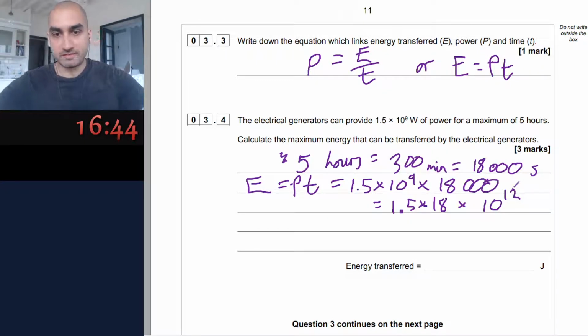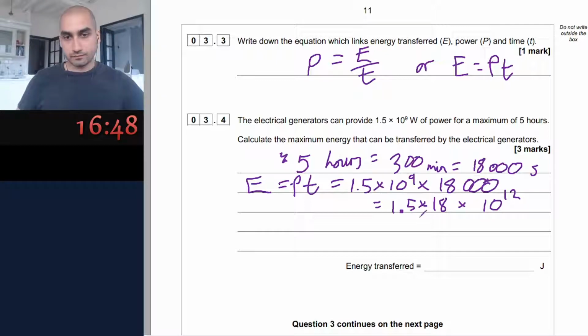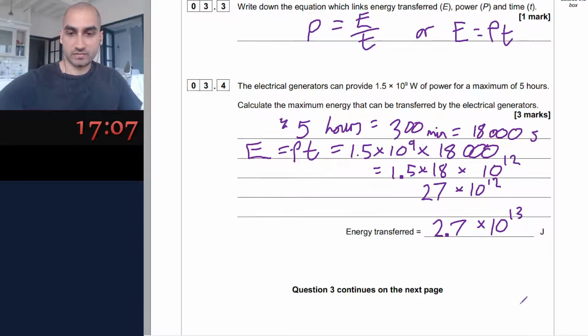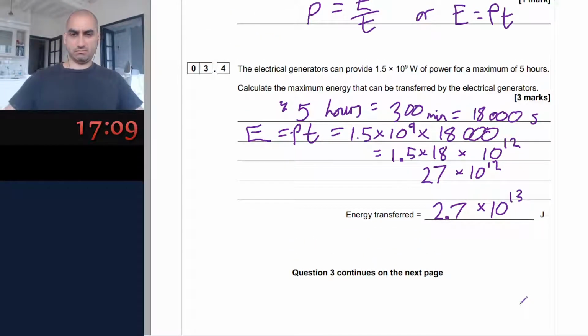Okay, 1.5 times 18 is 27, times 10 to the 12, so 2.7 times 10 to the 13. So they don't want like kilojoules, megajoules, whatever.